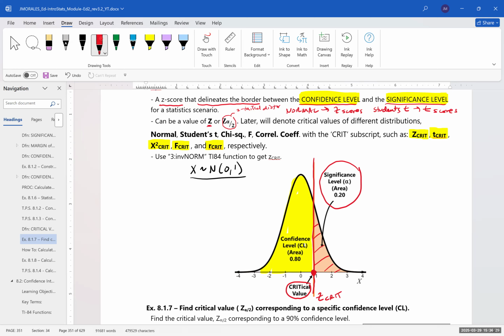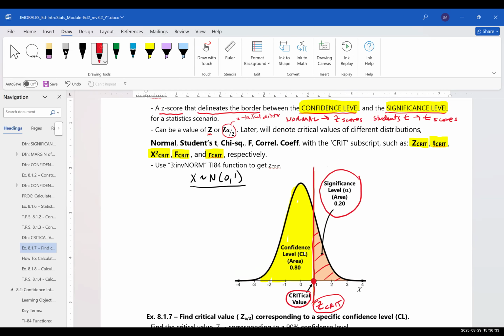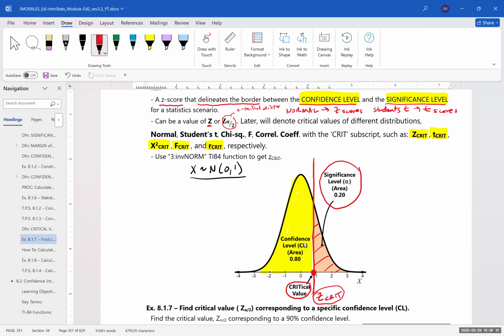So typically you're going to calculate this critical value, where the border is between the confidence level and the significance level, by taking this area and converting it into a value on the number line. And to do that conversion, this is where you use an inverse distribution function, because an inverse distribution function makes you go in this direction.